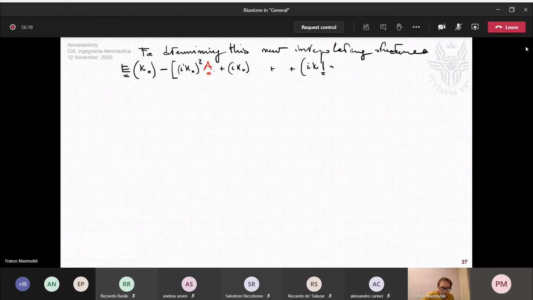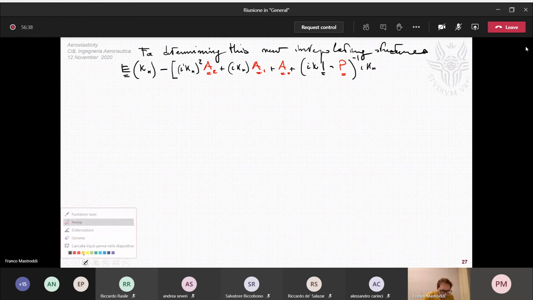Here we have A2, A1, A0. Here we have P to be the unknown now, and again ikn by R. So in red we have the matrices to be determined in our process, and this is the error.